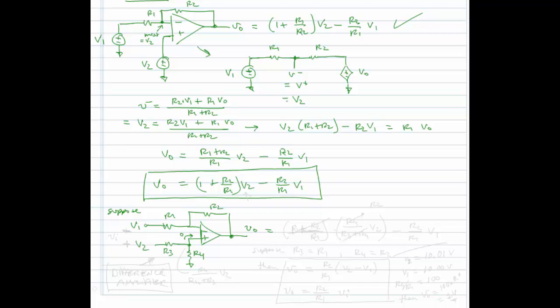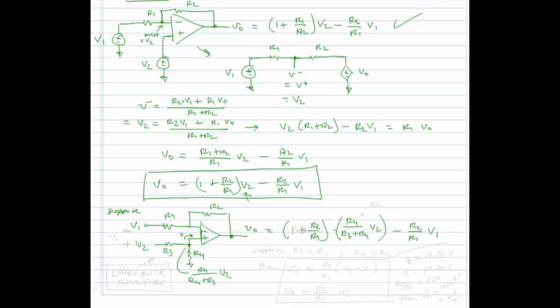And so I can simply replace the V2 in the previous exercise right here, this guy, with the voltage divided version, like so. This voltage here is just R4 over R4 plus R3 times V2 minus R2 over R1 V1.